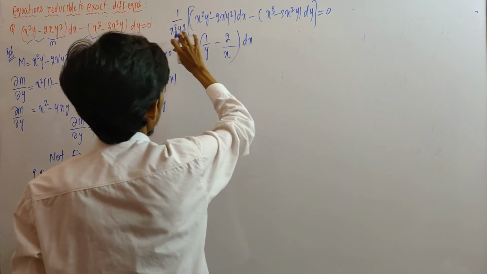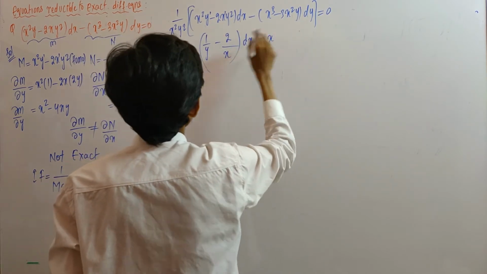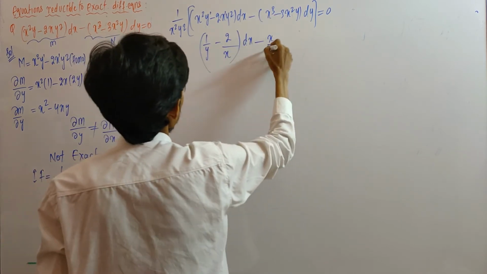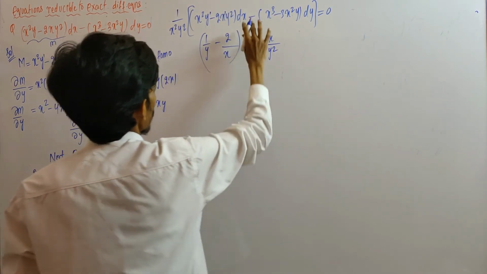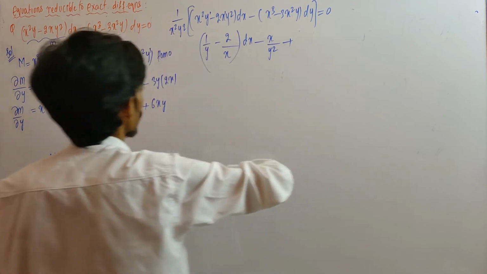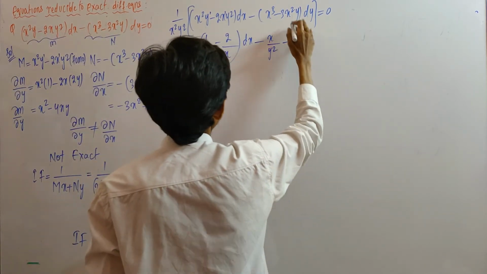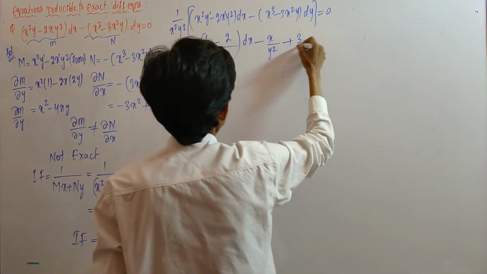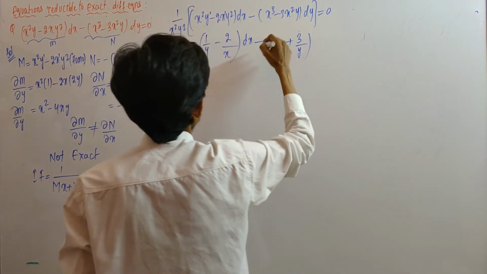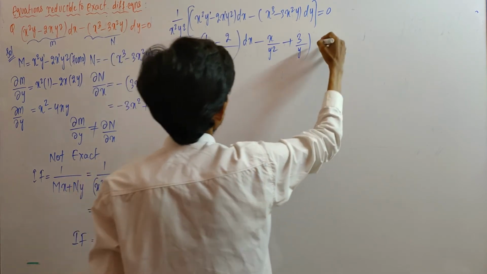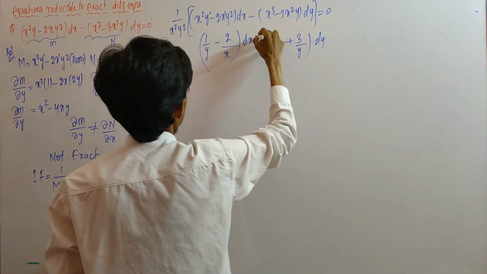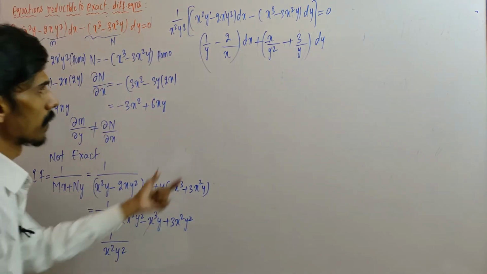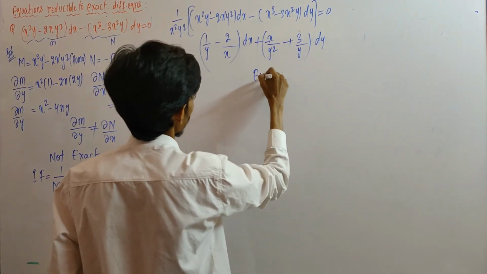Now here I'll get minus x cubed by x squared, so I'll get x by y squared. Minus into minus I'll get plus. Here 3x squared gets cancelled. We have y by y squared, so this will become 1 by y. This is the value of dy.